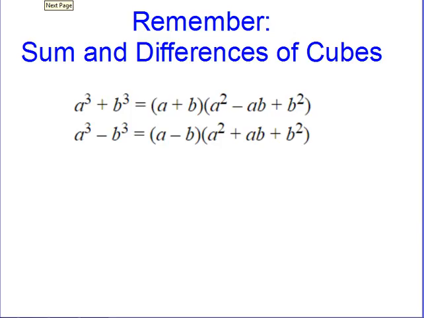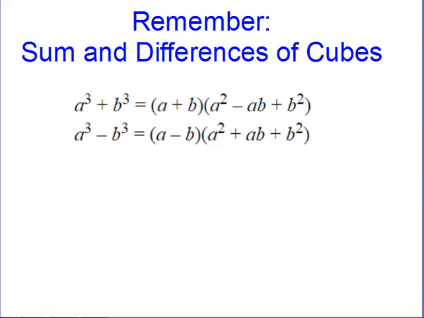This is one of those rules. It's called the sum and difference of cubes. Basically, it's saying this: if your function looks like a cubed plus b cubed, then this is the factor of it. If it's a cubed minus b cubed, then this is the factor of it, okay?